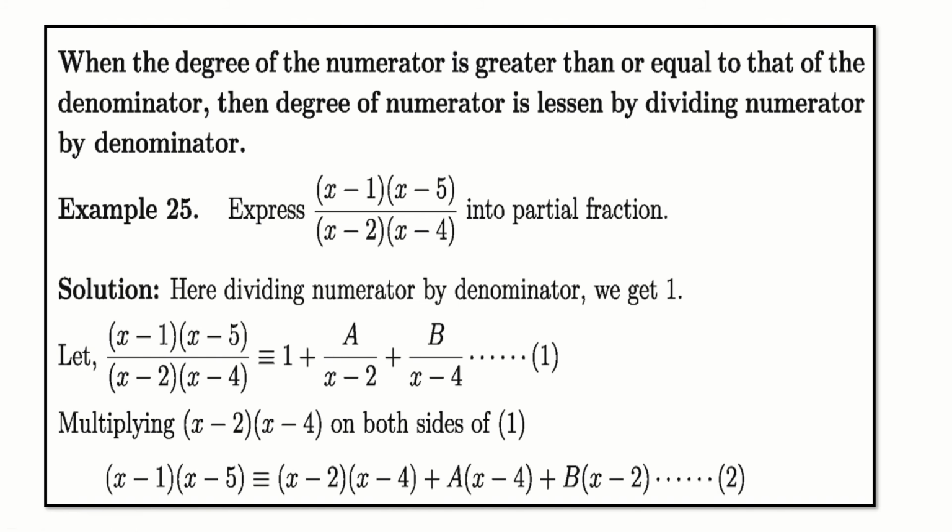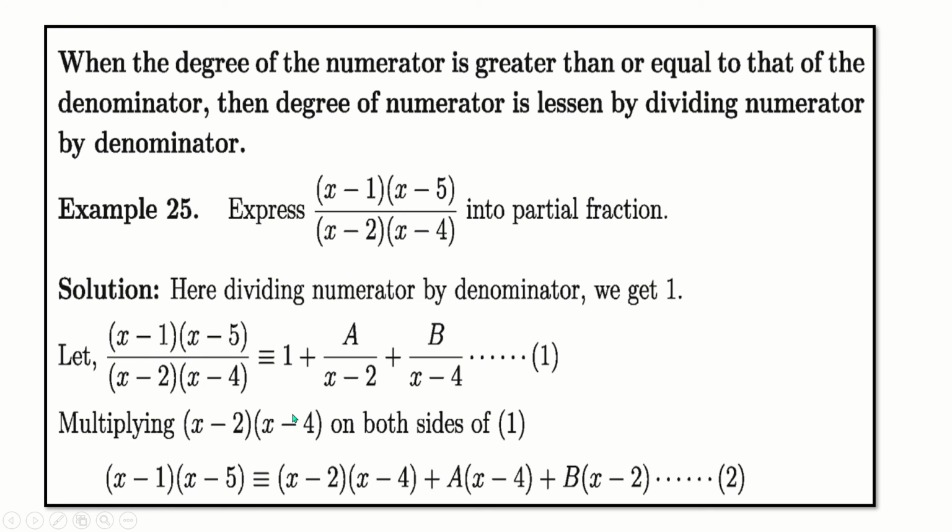Okay, and there will be another 2 parts, as here is x minus 2 and x minus 4. So one will be a divided by x minus 2 and another one will be b divided by x minus 4. Same process. Now multiplying on both sides by x minus 2 into x minus 4.